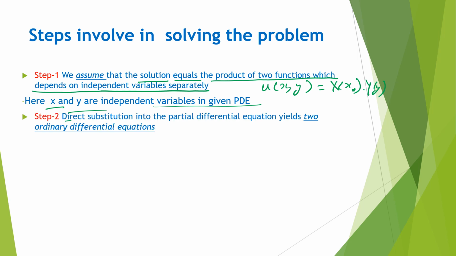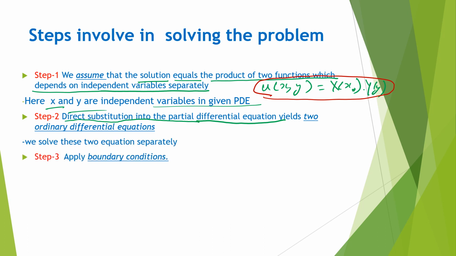Second step, direct substitution into the partial differential equation, because if we assume this is the solution of the partial differential equation, then it must satisfy the equation. So we substitute it, solve it and apply the boundary conditions.